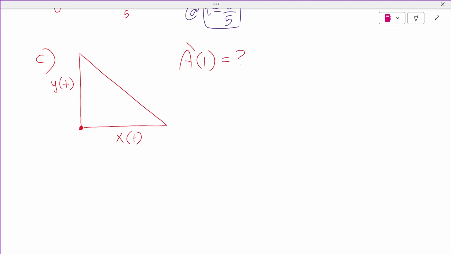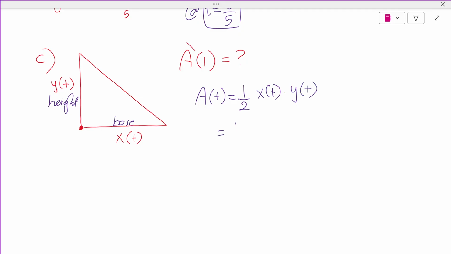Let's first write a formula for the area. The area of this triangle is equal to 1/2 times the base, which is x of t, times the height, which is y of t.